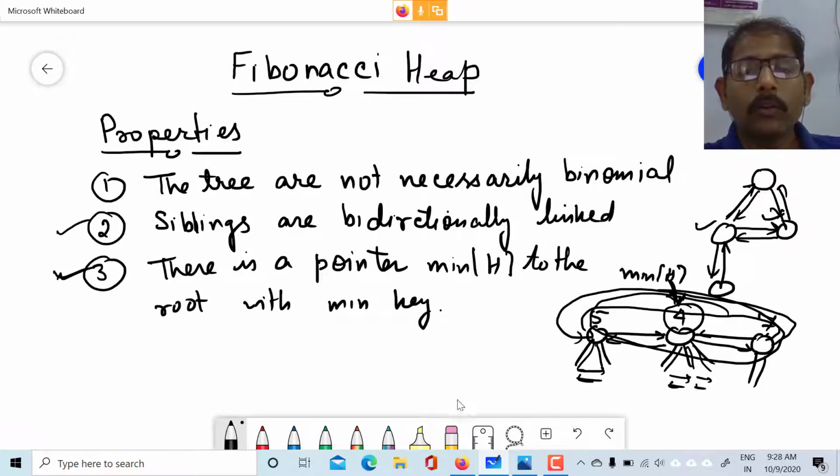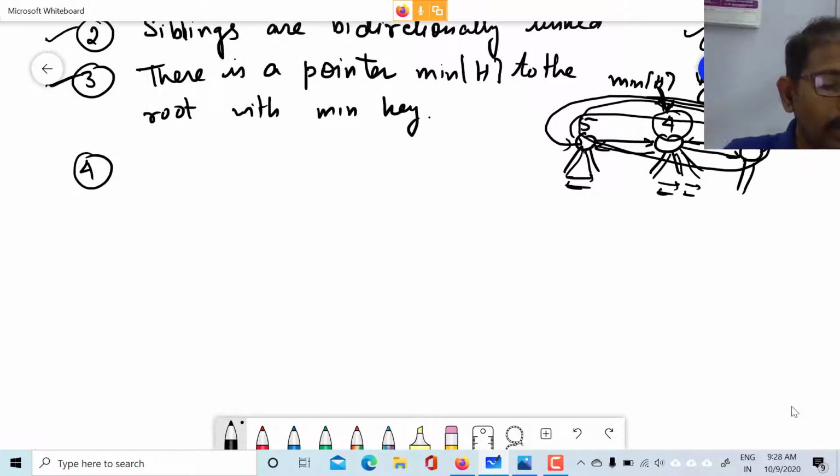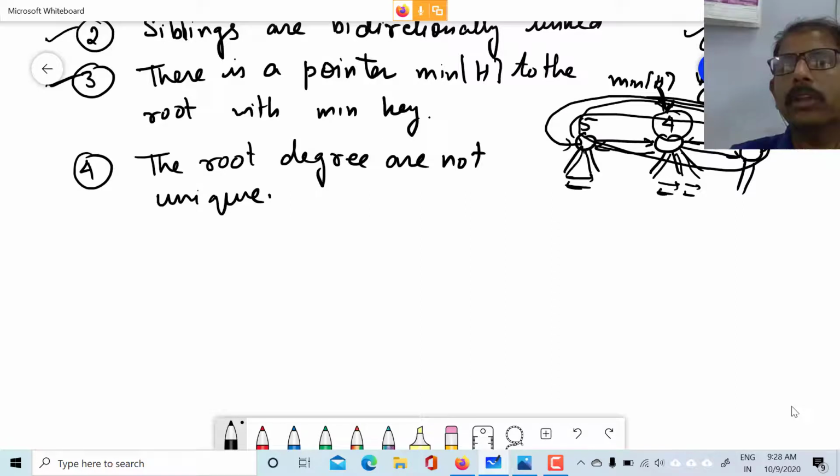Next, the fourth point: the root degrees are not unique. That means there can be more than one root node of the same degree. In the case of binomial heap there was a restriction that no two nodes have the same degree, but in this case it may happen.